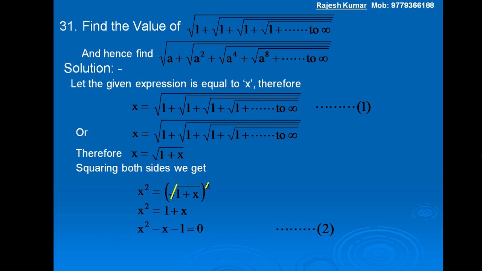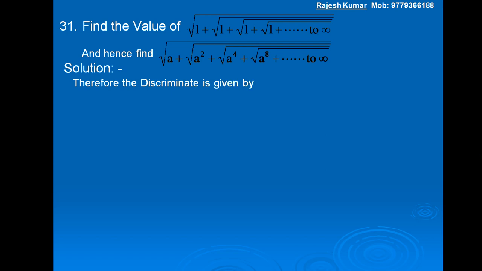Let it be equation number 2. So this is a quadratic equation in x. Comparing with the standard quadratic equation ax square plus bx plus c equal to 0, we get a is equal to 1, b is equal to minus 1, and c is equal to minus 1.